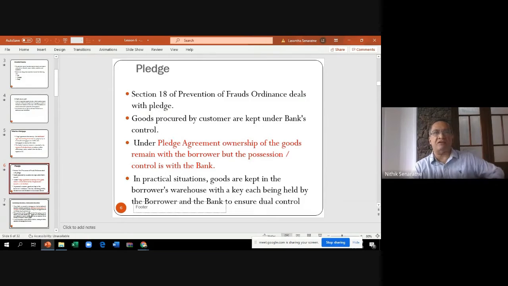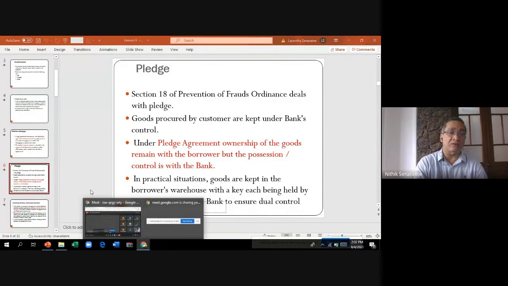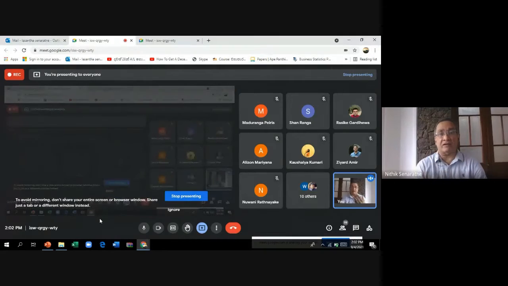Section 18 of the Prevention of Frauds Ordinance deals with pledge, where goods procured by the customer are kept under the bank's control. Here, as I told you, there can be two instances. Say I'm importing sugar, 100,000 kilos, and I have got the financial assistance from you.